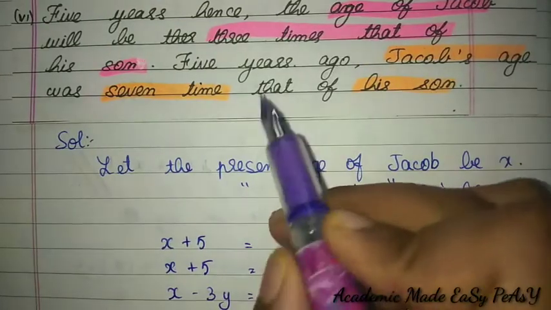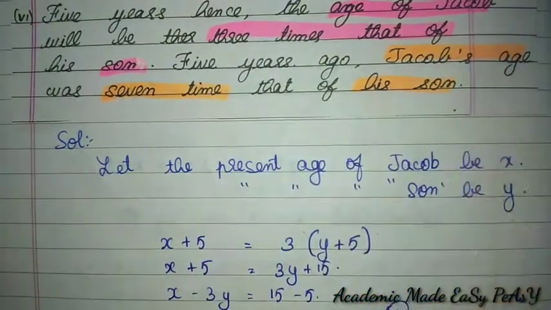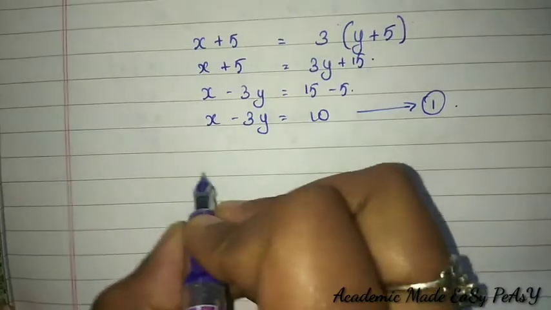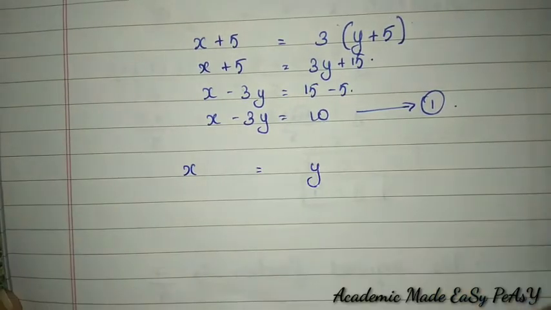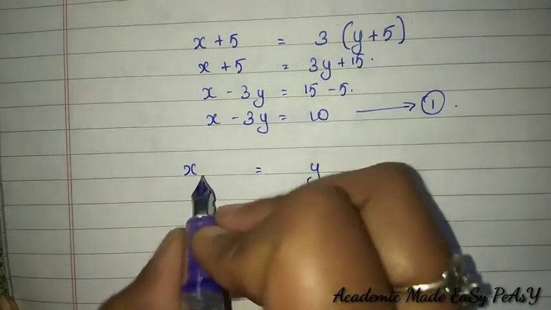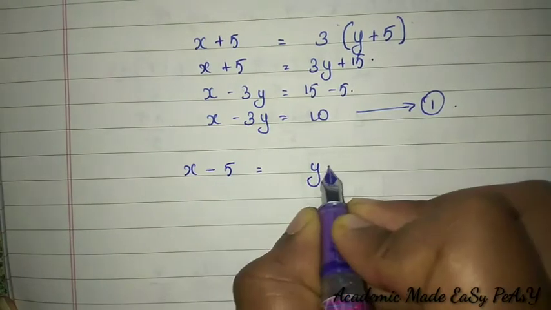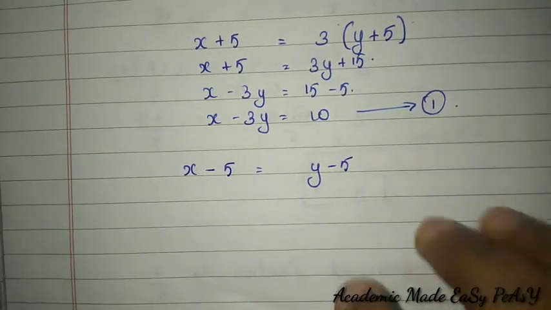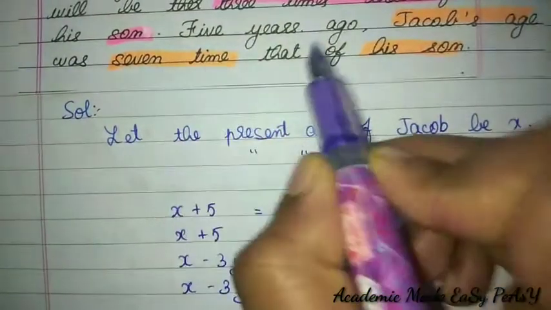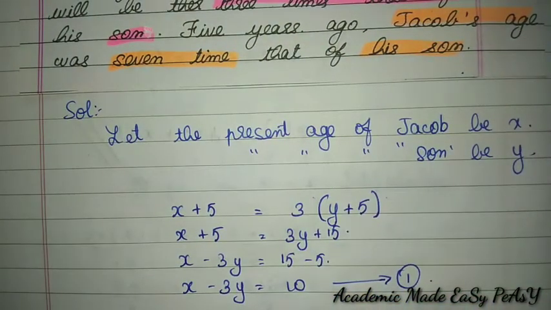The next one, what they are saying, 5 years ago, before 5 years. So we write same, x and y itself. Okay, so 5 years ago means minus 5. So minus 5 on both the sides. You have to write it on both the sides. Okay. Next, 7 times of his son. It means with his son's age, we have to multiply by 7.